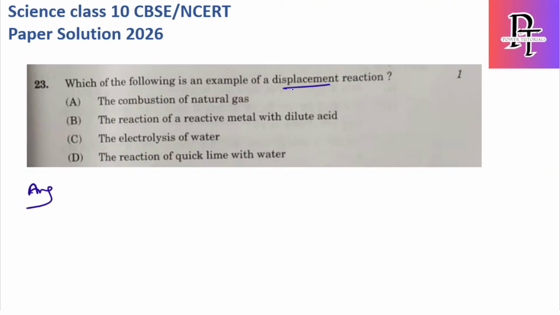What is a displacement reaction? When any metal reacts with the solution of another metal, higher or lower, what will happen?